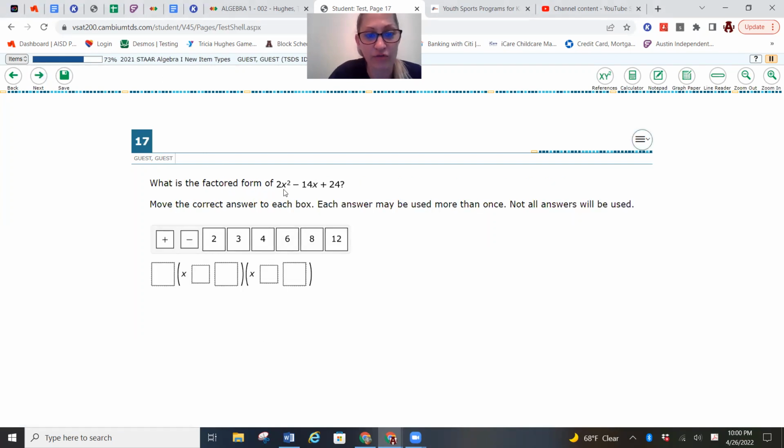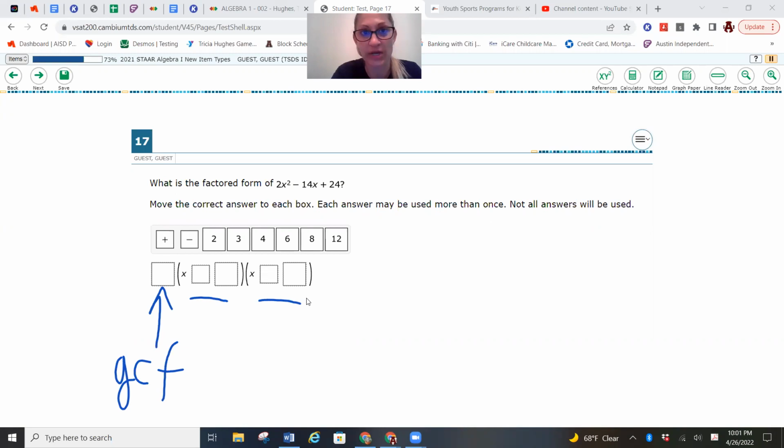What is the factored version of this quadratic? Ooh, look at this fanciness. First of all, remember, factoring means we're going to have 2 parentheses or we're going to have a GCF. In this case, we're going to have a GCF and we're going to have 2 parentheses.